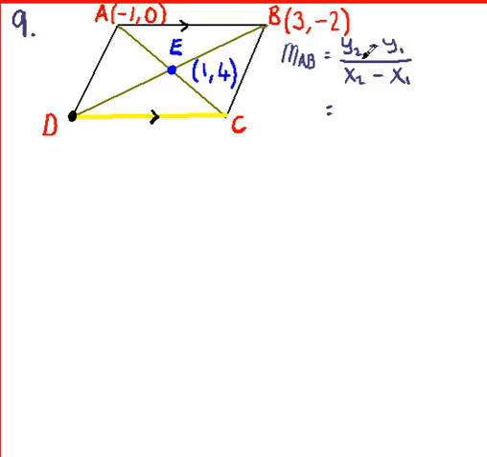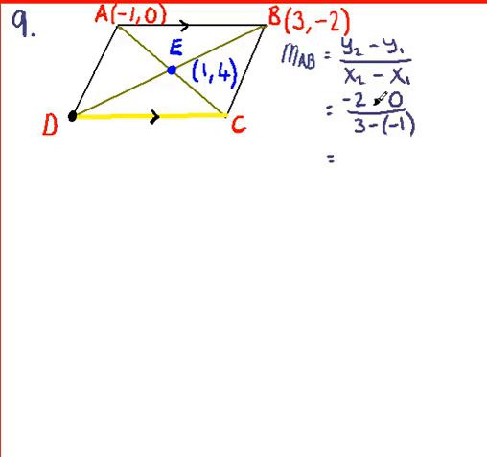So writing down the gradient formula for the line AB. First of all, I should point out that this diagram is really only for illustration purposes. It doesn't serve to represent the actual parallelogram. So substituting in our points, remember it's points A and B we're using, so y2 is going to be -2, and we're subtracting y1, which is 0, divided by x2, which is 3, take away x1, which is -1.